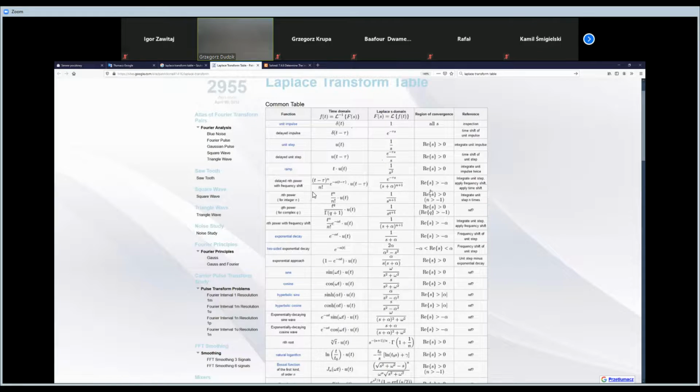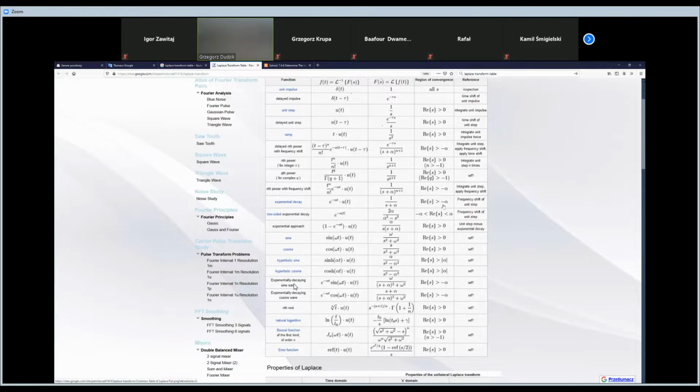This is the table of Laplace transform functions, and we can see here, for example, the Laplace transform of the unity function u(t) is 1 over s, as you see. What else? Here it is.